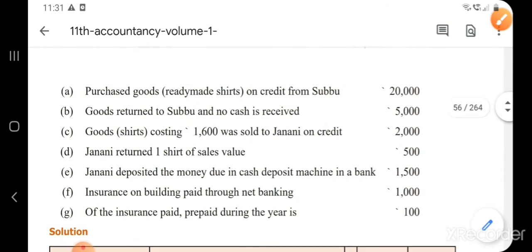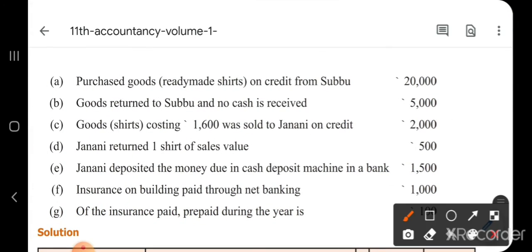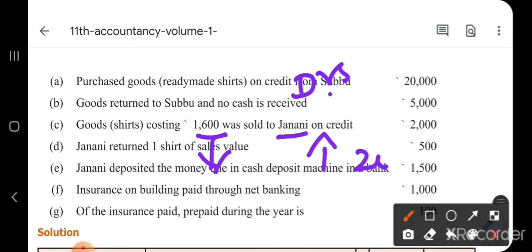Next transaction: goods costing 1,600 was sold to Janani on credit. Now Veena is selling the goods to Janani. That means Janani is the customer. Customers we always denote as debtors. Now goods costing 1,600 was sold. That means your stock is reduced by 1,600 and your debtors is created to the extent of 2,000, because you are selling the goods for 2,000.